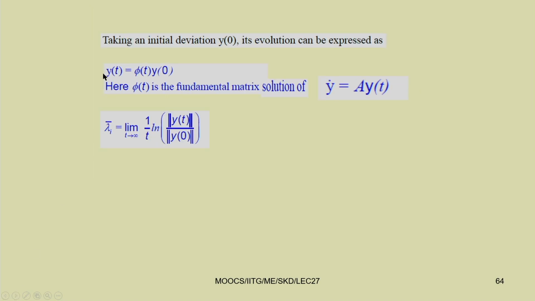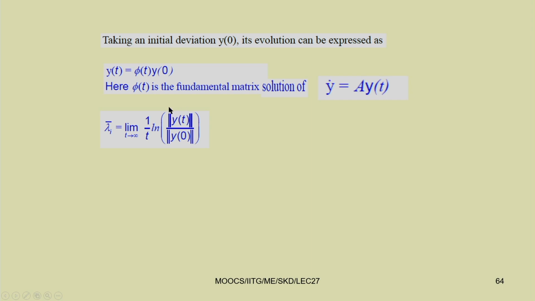We can write y(t) in this form also by using the fundamental matrix. So, y(t) can be written as phi(t) into y0, starting with this y0, where phi(t) is the fundamental matrix of the solution of y dot equals A y(t). The Lyapunov exponent can be defined as the limit as t tends to infinity of 1 by t ln of y(t) by y0.